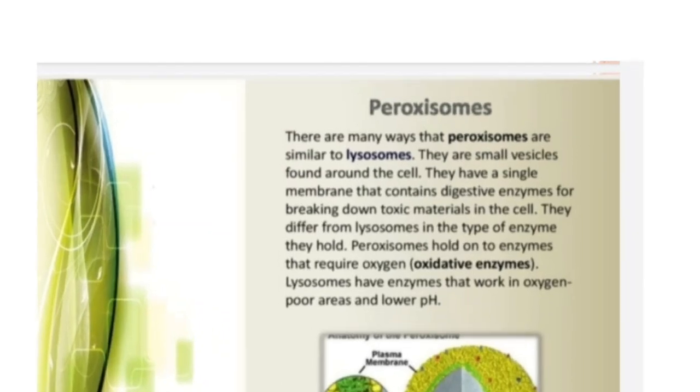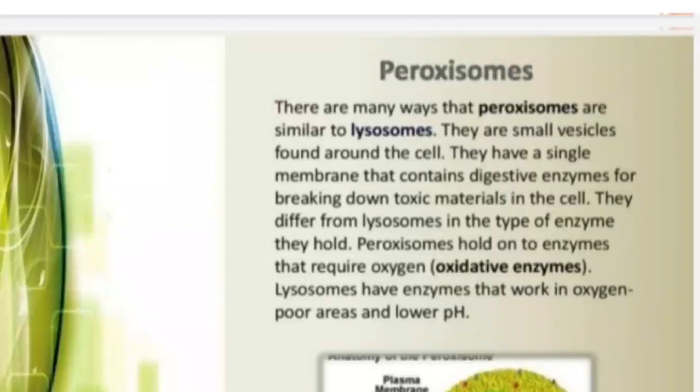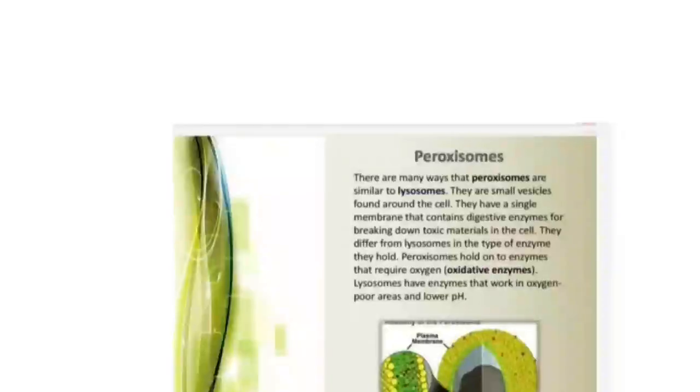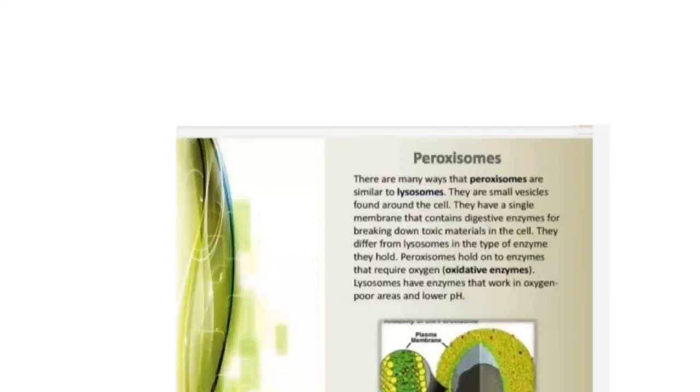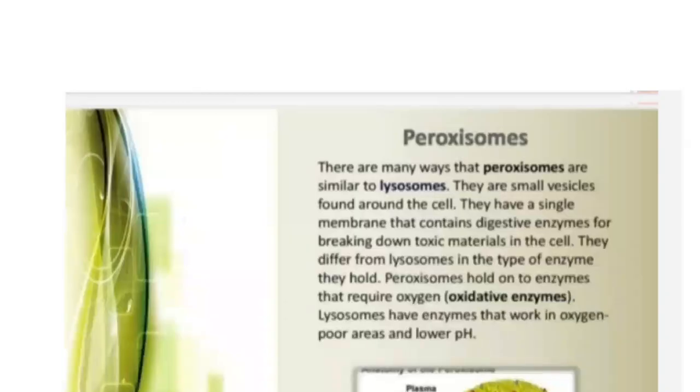Peroxisomes. There are many ways that peroxisomes are similar to lysosomes. They are small vesicles found in the cells. They have a single membrane that contains digestive enzymes for breaking down toxic material in the cells.